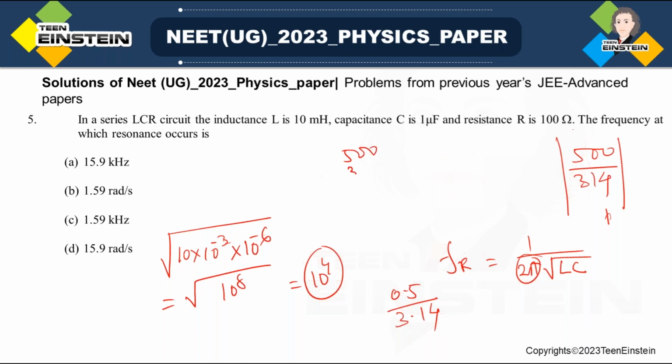So this is 1. We have 314 again. If I just multiply, take the decimal point over here, 0 will come here. So it will be something like 5.